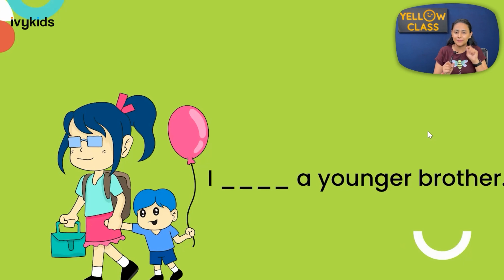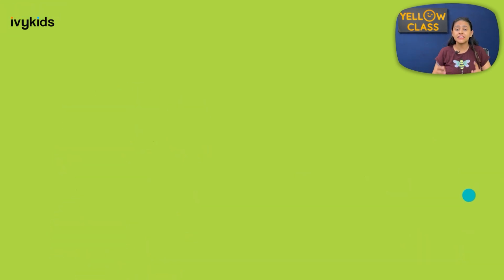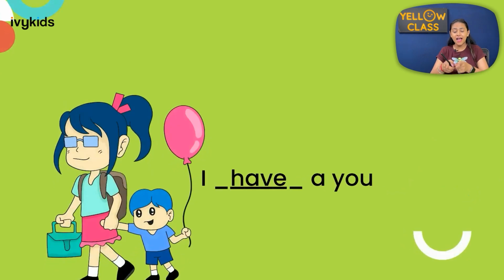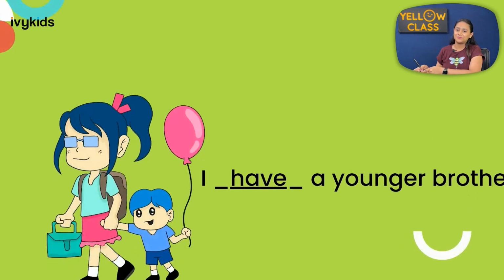You have to type HAS or HAVE. Simple. Okay, so I hope now you are recalling. After sharing this answer, I will give you a reminder, when to use has and when to use have. So the correct answer for this one is I have a younger brother.